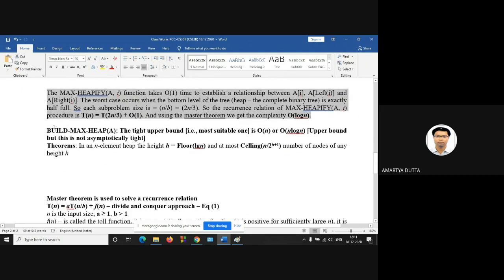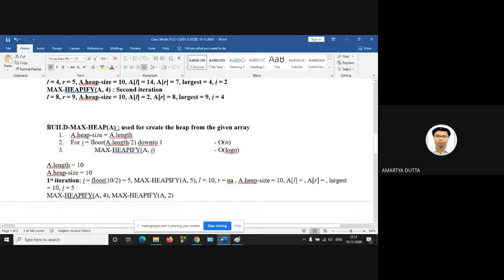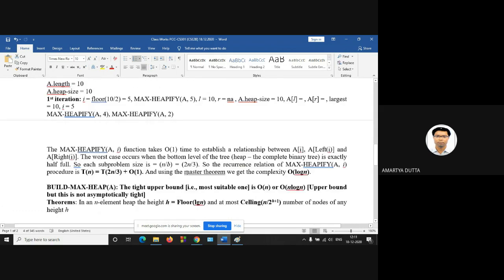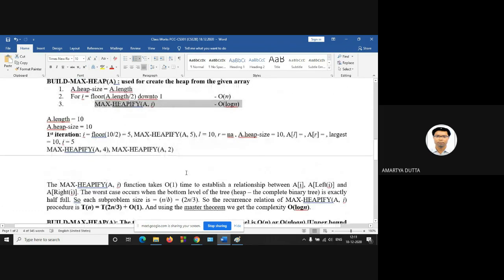Now build max heap. So this is the build max heap function. For line number 2, this is order of n, and inside the for loop, this will be order of log n. So it looks like order of n log n, but this is an upper bound. n log n is greater than n.